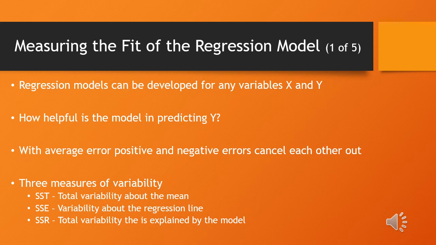In order to prevent this problem, we use three measures of variability: the SST, which is the total variability about the mean; the SSE, which is the variability about the regression line; and the SSR, which is the total variability that is explained by the model.